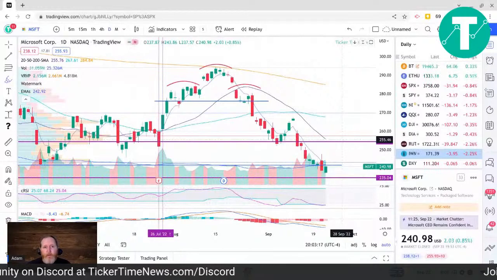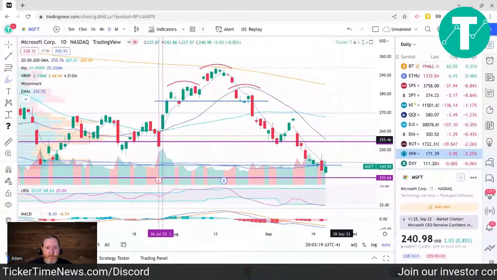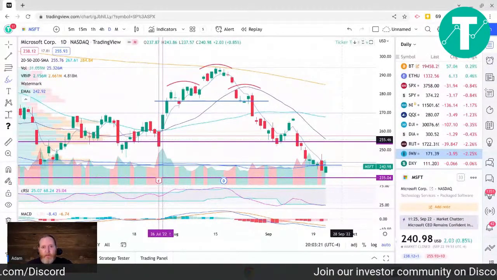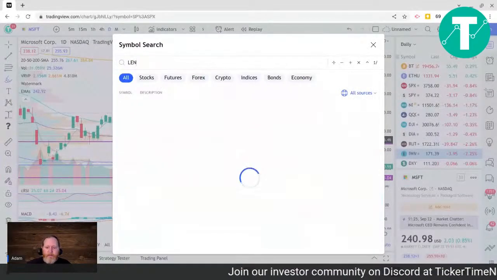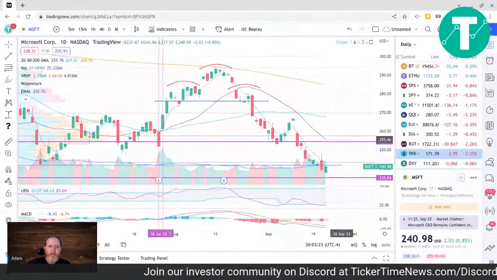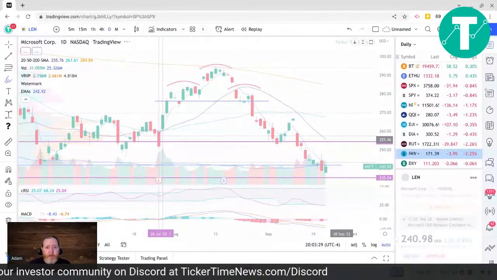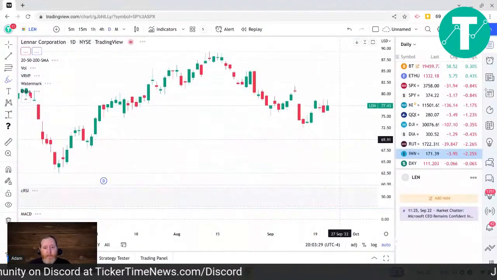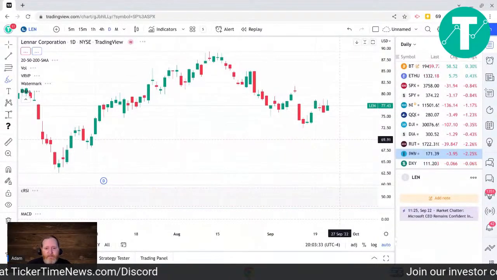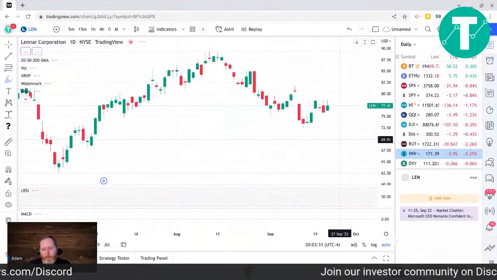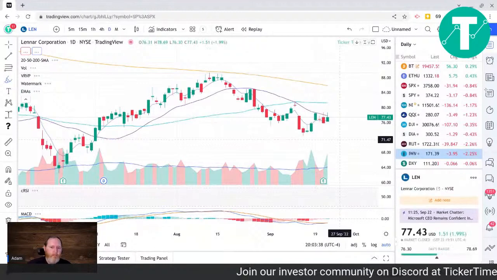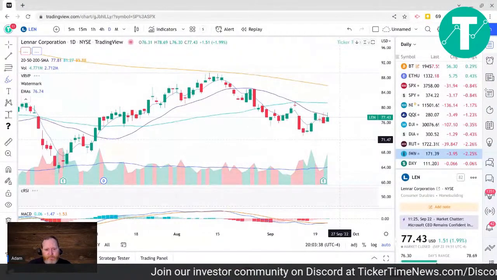Now, another winner today was Lennar, which is a home builder, surprisingly, right? LEN is the ticker symbol for Lennar. It was up 2%, which moved higher after its earnings report. It had a decent earnings report, which helped to obviously lift the stock higher. Now, home builders, I think there could be some trouble there.